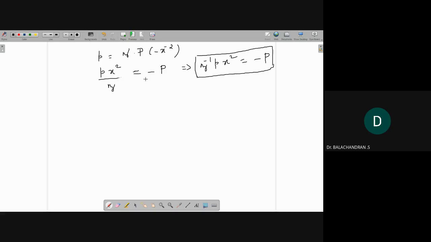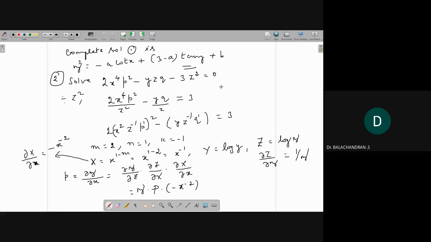Now Q equal to dou z by dou y. You have the substitution for all the three variables. Dou z by dou capital Z into dou capital Z by dou capital Y into dou capital Y by dou small y. Now what is dou small z by dou capital Z in this case?